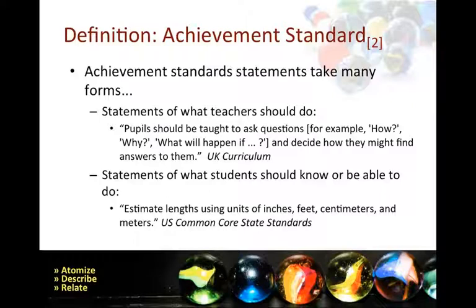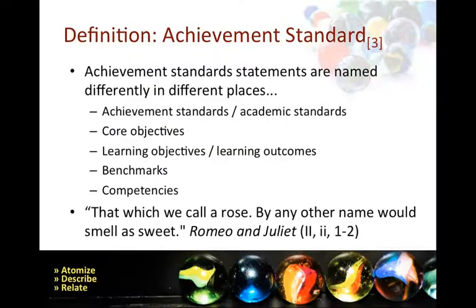Sometimes they are statements of what students should know or should be able to do. If we look at the new U.S. Common Core State Standards, you find things like estimate lengths using units of inches, feet, centimeters, and meters. In other words, things that the student should know. So they take many, many forms, and they have even more names.